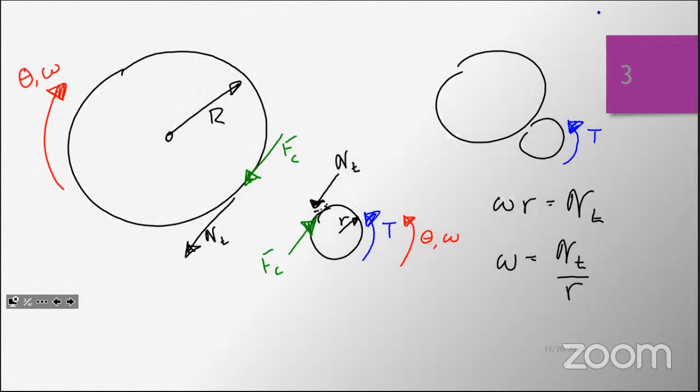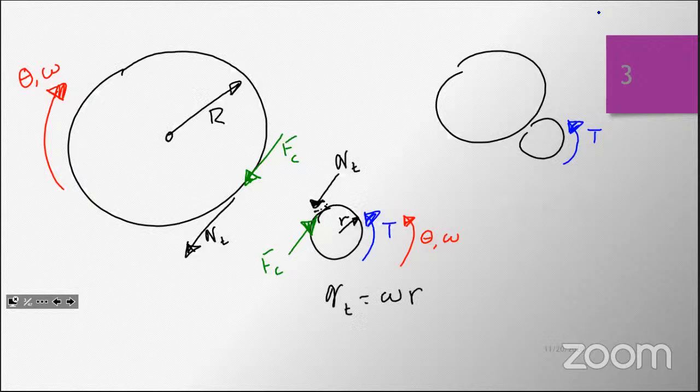But these two v sub t's are equal. So let's write it this way. For the small gear, v sub t is equal to omega times little r, but for the large gear, v sub t is equal to omega times big R. But those two things are equal.